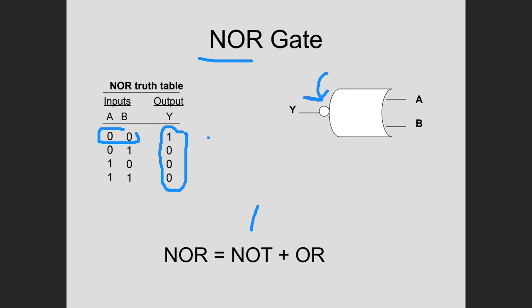So in English, from a logical point of view, sometimes or means one or the other or both. Sometimes or means one or the other, but not both. The example I gave you was one or the other, but not both. Let me go back to the OR.